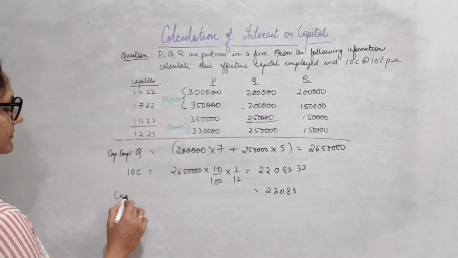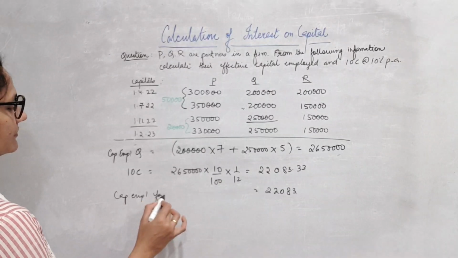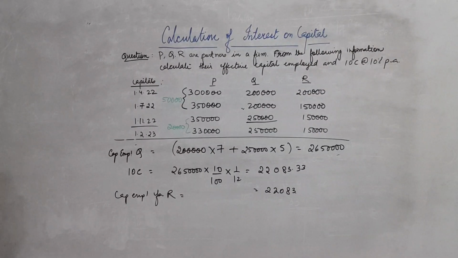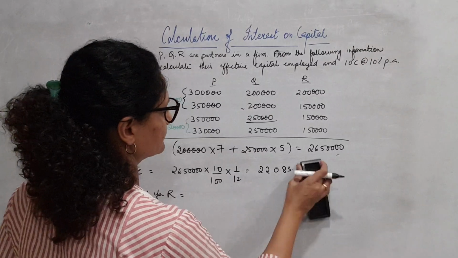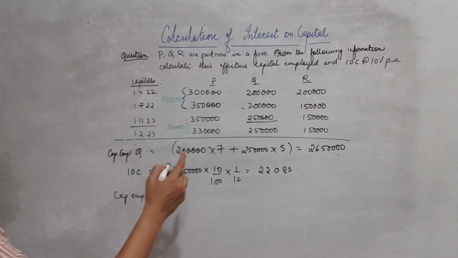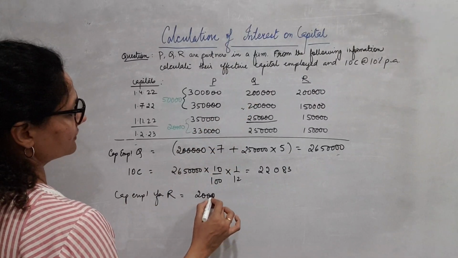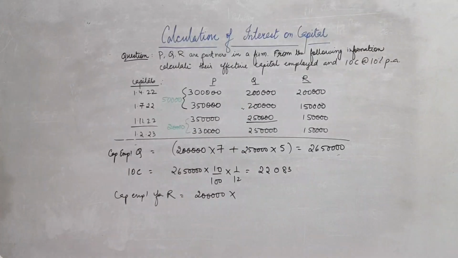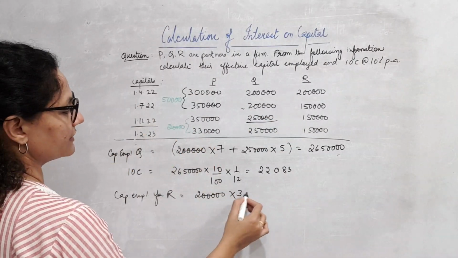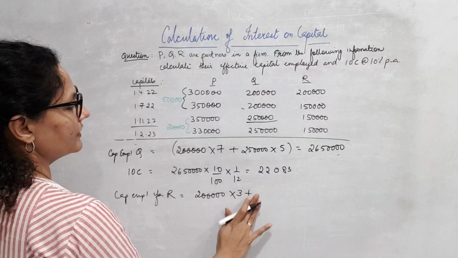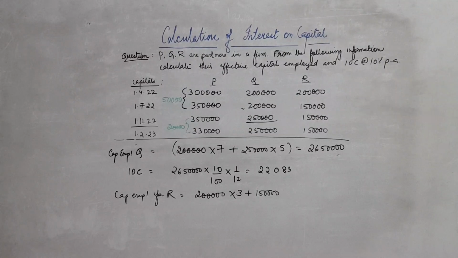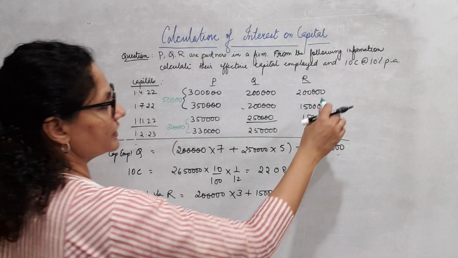Let's say R. R has invested 2 lakhs in the beginning of the year and it changed on 1st of July. So again 3 months, April, May, June, it stayed constant. Then it became 1,50,000. That means he has withdrawn 50,000 here.